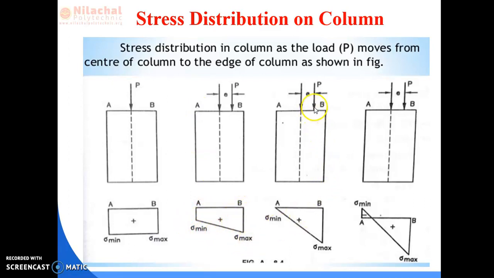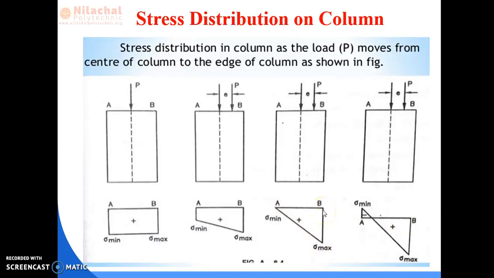And if the axial load and the eccentric load both are at distance V, there will be a maximum stress along the right side and minimum stress along the left side, where sigma B is equal to sigma O. So sigma min means sigma O minus sigma B. Both are equal, so we get sigma min as zero, and that will be a triangular section.